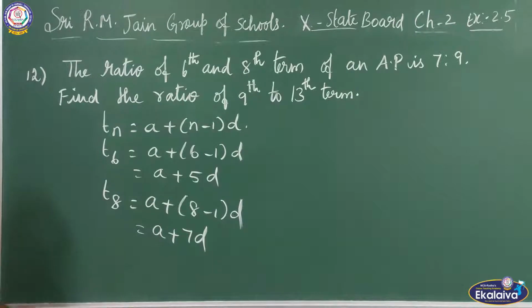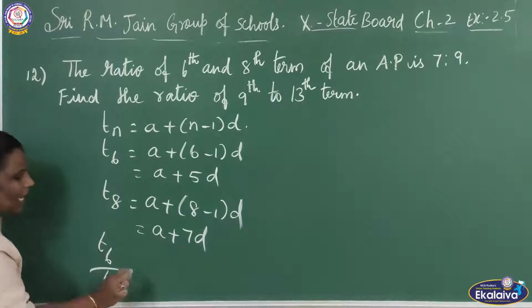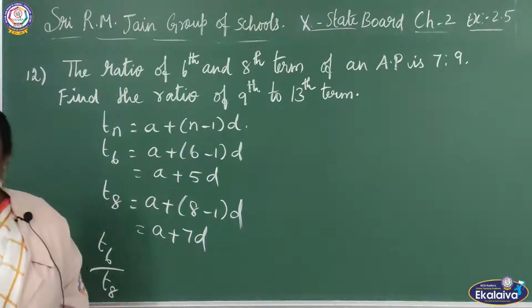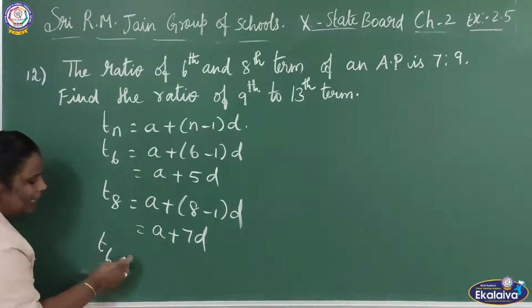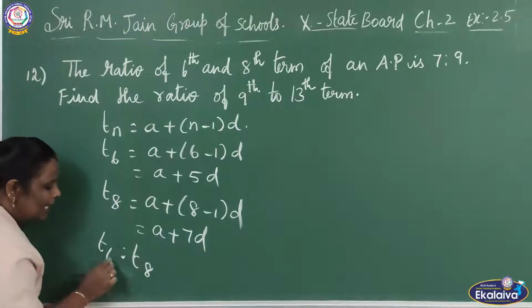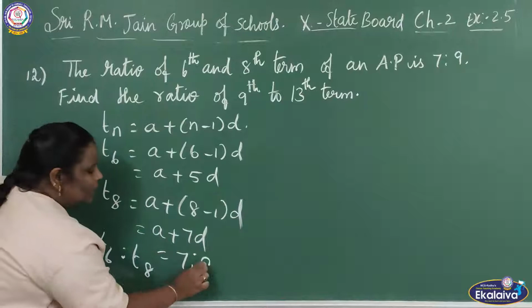So the 6th term and 8th term ratio is 7:9. That is the T6 by T8 ratio. You can write it in fraction form. T6 is to T8 equal to 7:9.